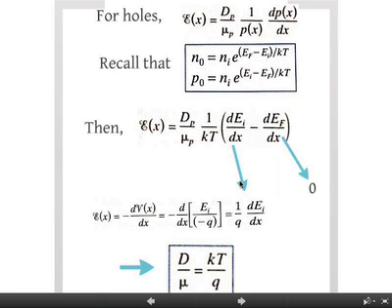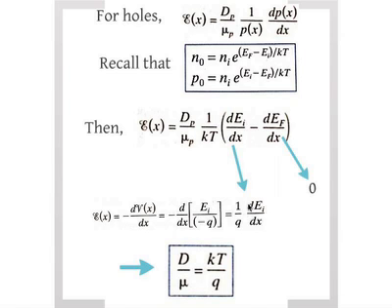So if you equate these two, what do we get? So what this is saying is 1 over Q dEI over dx. That is the field, EI being the intrinsic Fermi level. The slope of the intrinsic Fermi level is the field. Is equal to dP over mu p times 1 over Q, just this thing. Okay?